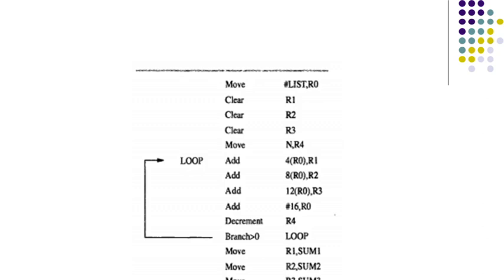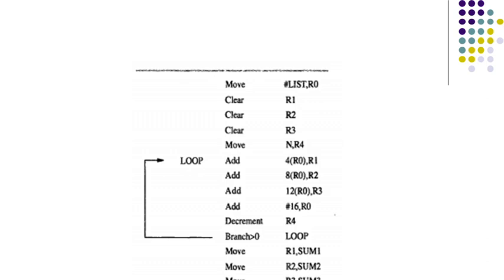Since we have 4 entries per record, that is one student ID and three test scores, R0 is incremented by 16 to point to the next student ID.